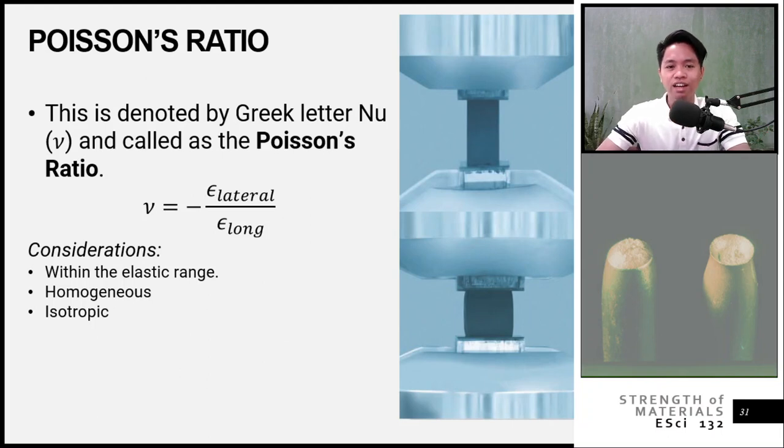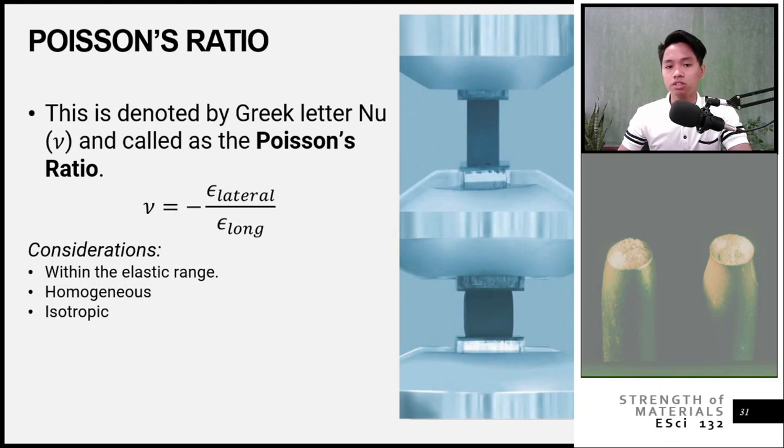As I have said a while ago, our consideration for Poisson's ratio is that it should be within the elastic region. Also, the material should be homogeneous and isotropic.